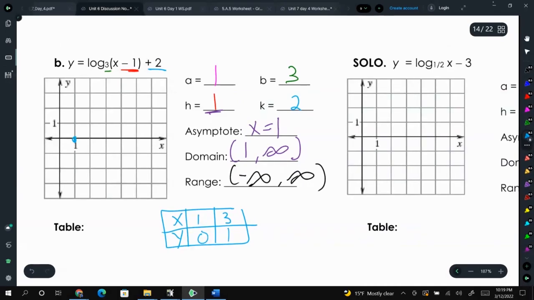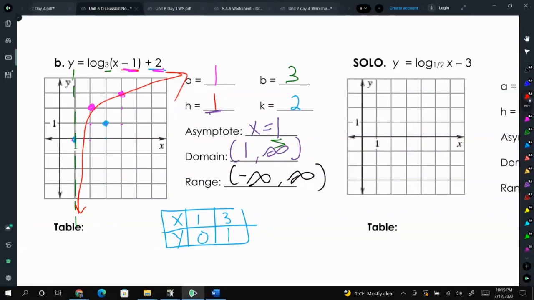But we're going to move each point right 1 and up 2. Right 1 and up 2. And our asymptote is at x equals 1. So here's x equals 1. There's our asymptote. So then our graph looks like that.